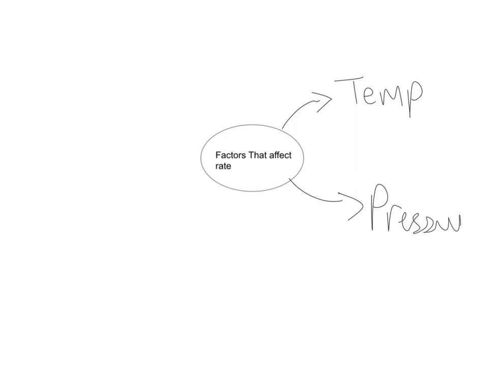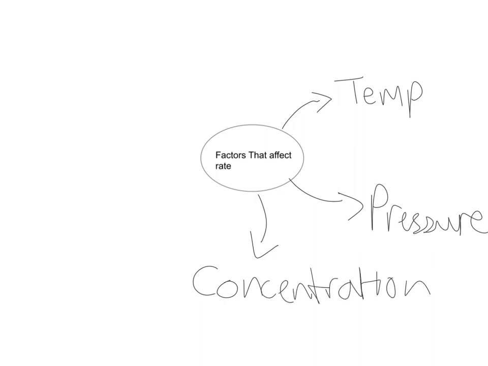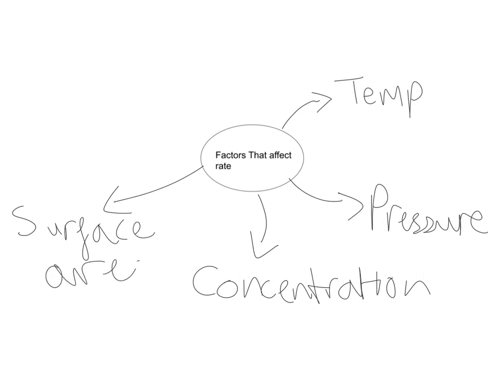There are several factors that affect the rate of a chemical reaction, okay, and you should know these hopefully: temperature, pressure, concentration, surface area, and the use of a catalyst.